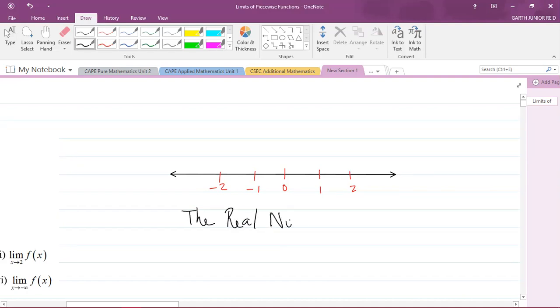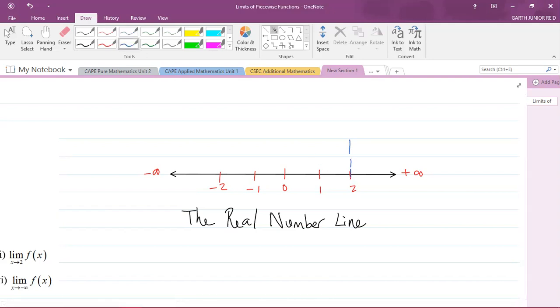For the real number line, it goes from -infinity to +infinity. And I'm approaching 2 from the left, so this is the value here, 2.